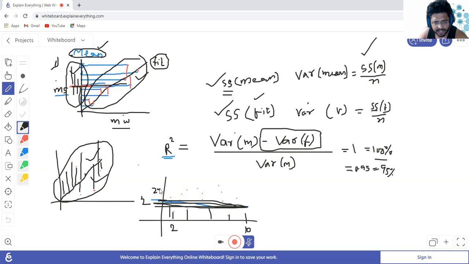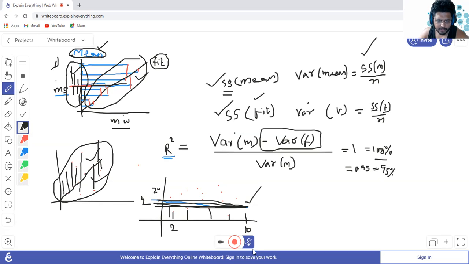So I have no confidence in this line, because it is giving me the same value for all my mouse size. This has no variance, this is not capturing any information, and this is a junk line, and I have 0% confidence on how good this line is fitting my data.